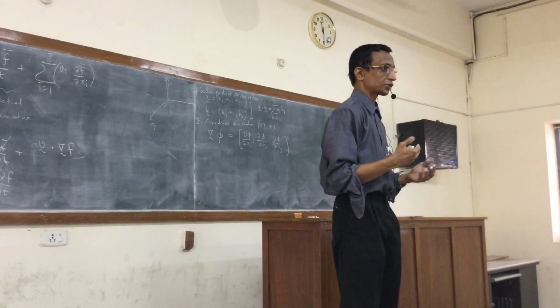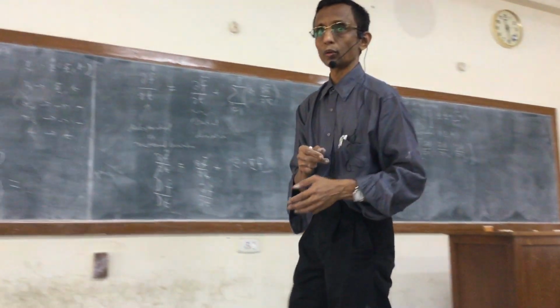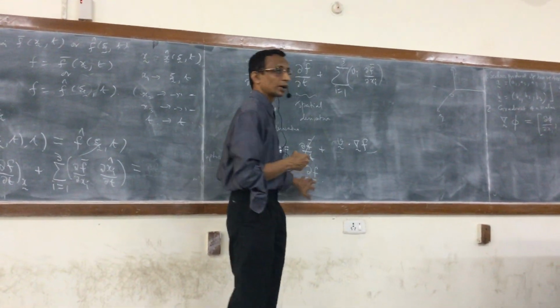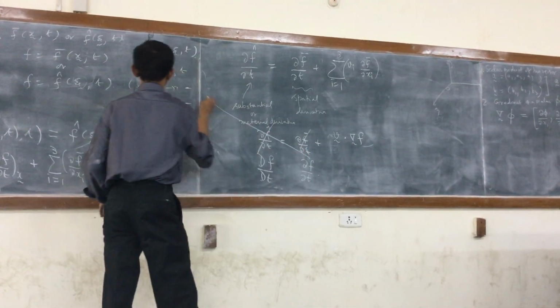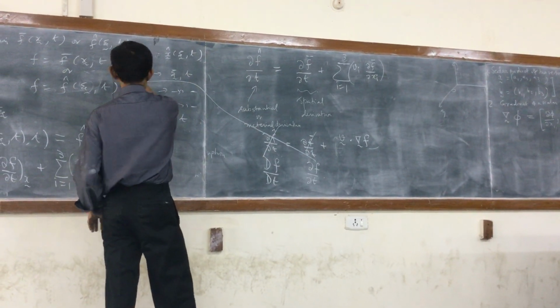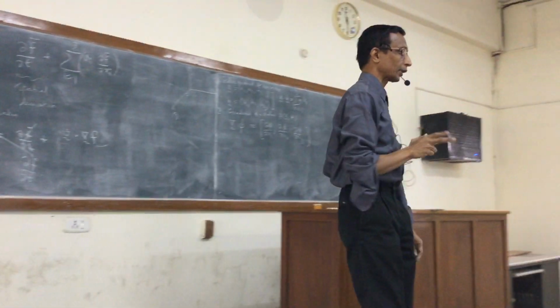This is just a convention. You have to now know that whenever I write some quantity like this, the f is automatically expressed in terms of the spatial description. You won't write a bar and cap and all.